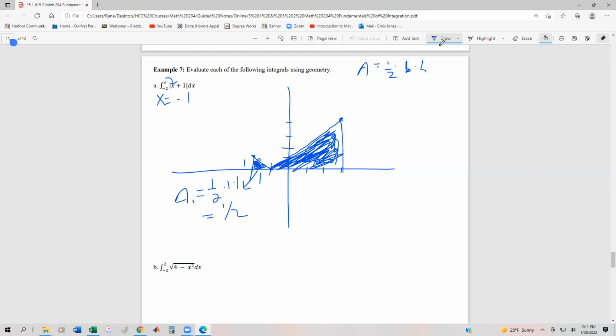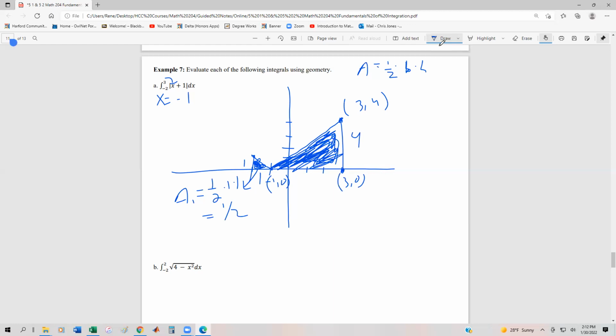Now I'm going to hold on to that because I need to figure out the area of this second triangle. We know that the height of this triangle is 4, and that's because this is the point 3, 4. We know that this is the point -1, 0, and we also know that this is the point 3, 0 on the graph.